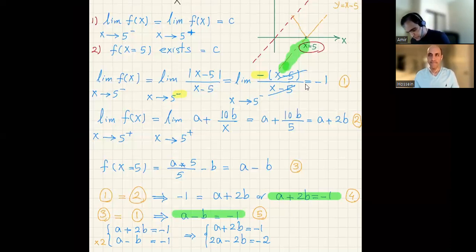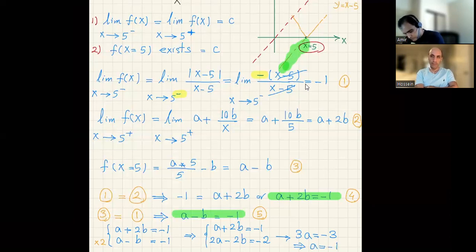And when I add, what I get is 3A is equal to -3. So that easily gives me A is equal to -1.